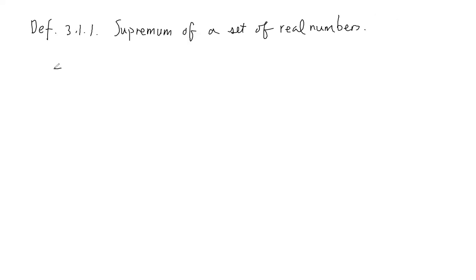So the example that I gave you there was a set, right? So this is the set of numbers on the real line from 0 until 1, right? So this is actually a closed set, right?